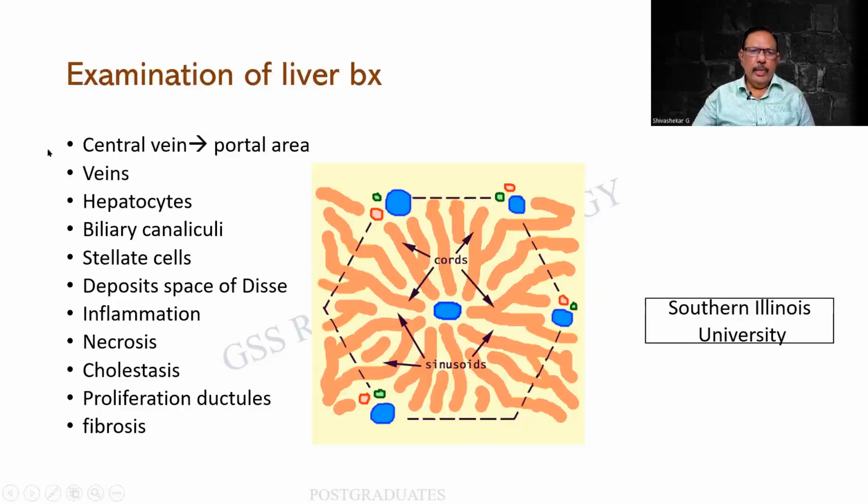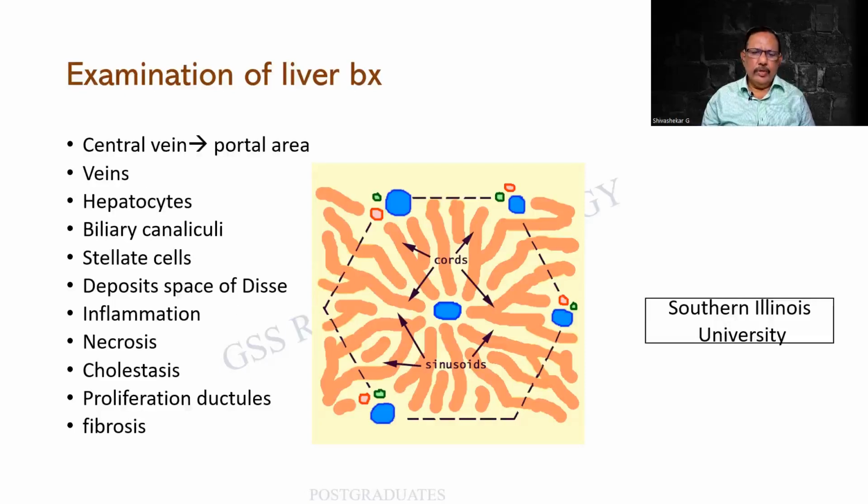When we do a report, it has to be from the central vein to the portal area. Comment on the veins, the hepatocytes, the biliary canaliculi, the stellate cells, and the deposits that could be found in the space of Disse. Any inflammation, you will have to specify whether it is periportal, perivenular, or scattered.